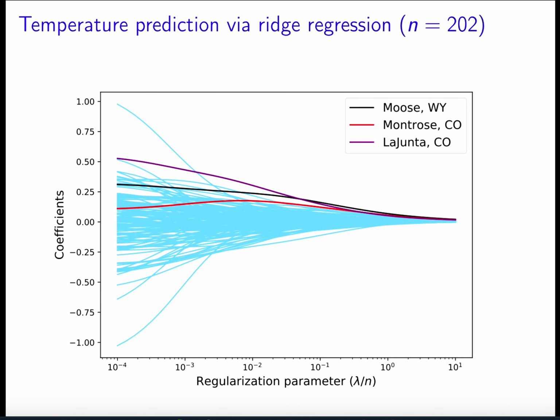This is what happens to the coefficients of the ridge regression estimate for the temperature example when we change the regularization parameter. We're again fixing n equals 202, and what you can observe is a little bit what I just said.